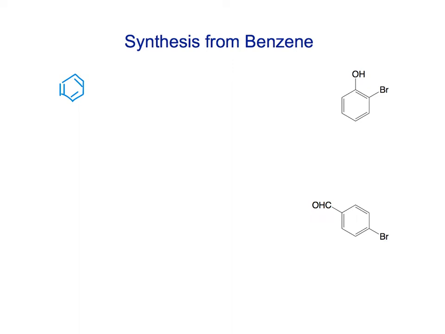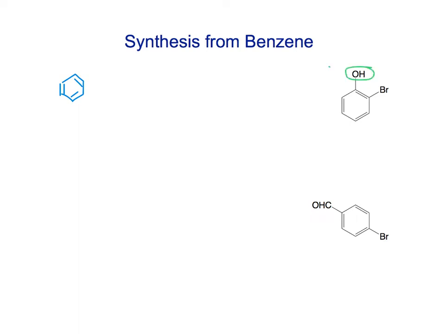All right, well, the only way we can put on a phenol, we only have one way to do that right now, right? And what did that involve? That diazonium salt, right?